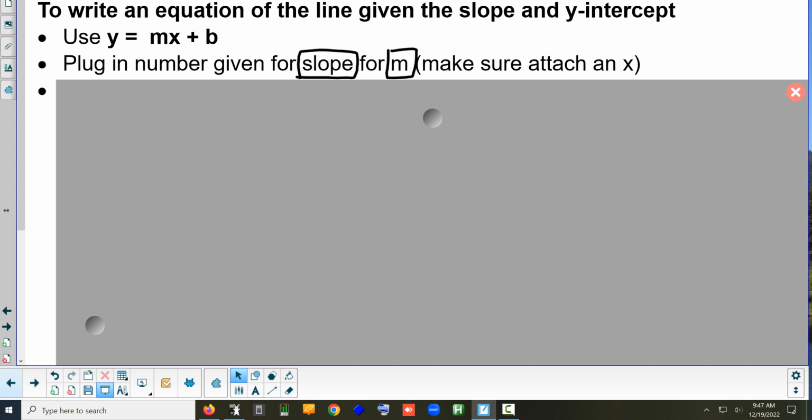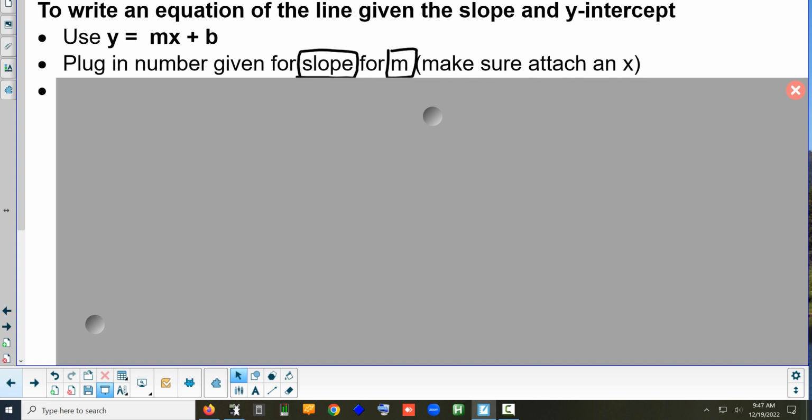You always have to make sure that you put the x next to it. Like if you left this off and you just wrote m plus b, no, that's not right. Got to make sure we keep that x next to the m.